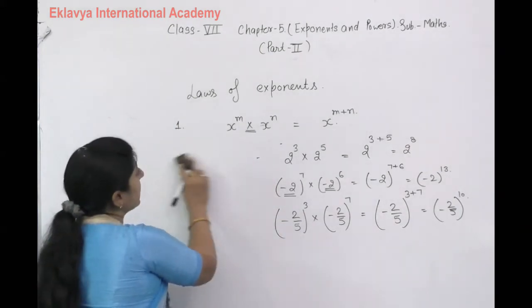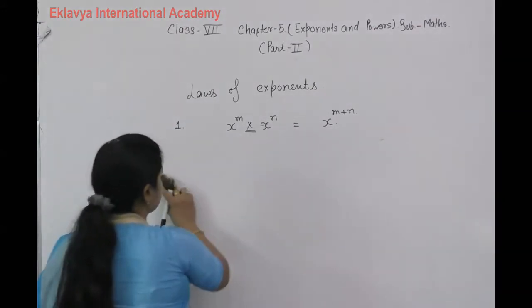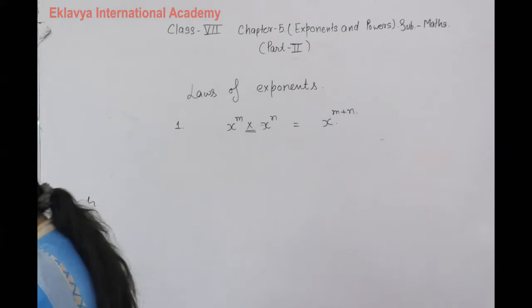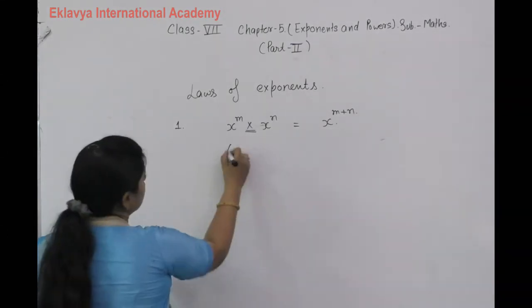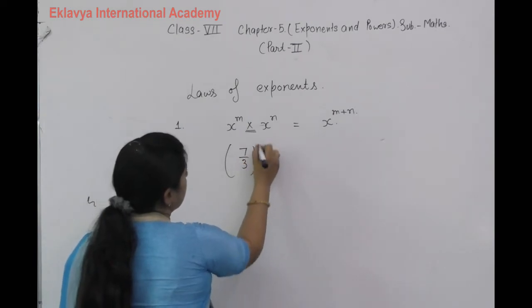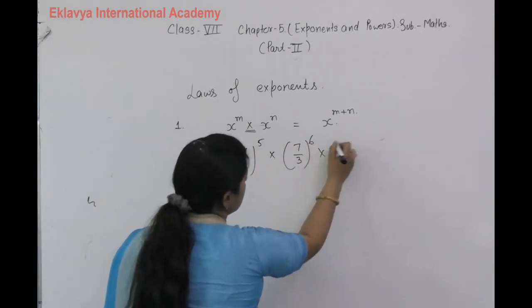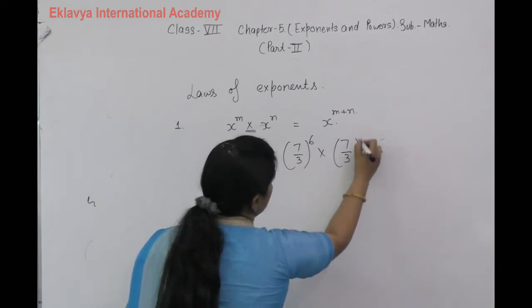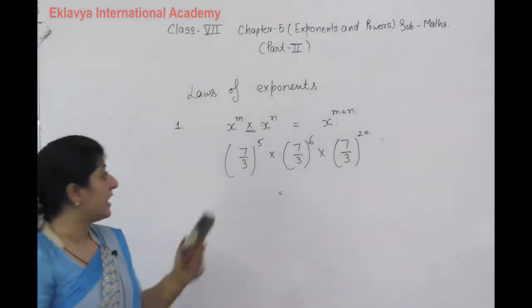Okay, now the next example: 7 by 3 power 5 into 7 by 3 power 6 into 7 by 3 power 20. It doesn't mean that we multiply only 2 times.